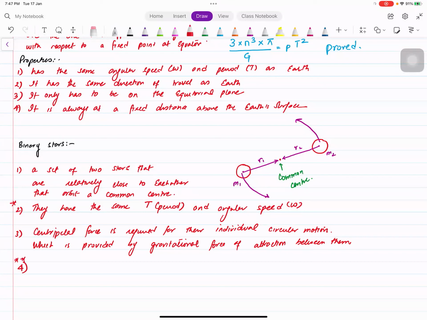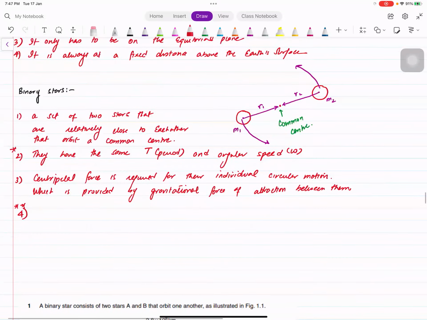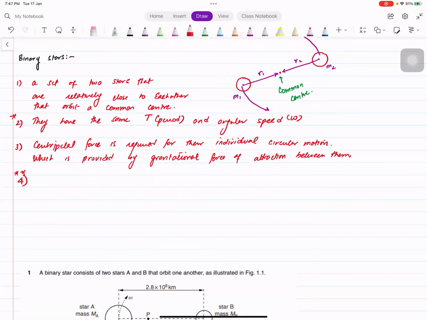Now, the fourth point is the most important. So I'm putting 2 stars on this, okay? And you should always remember this. This will help you in a lot of questions.